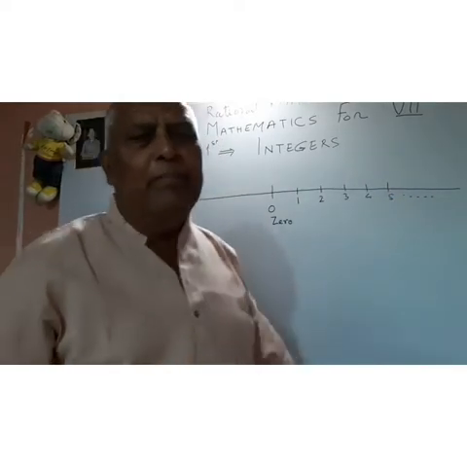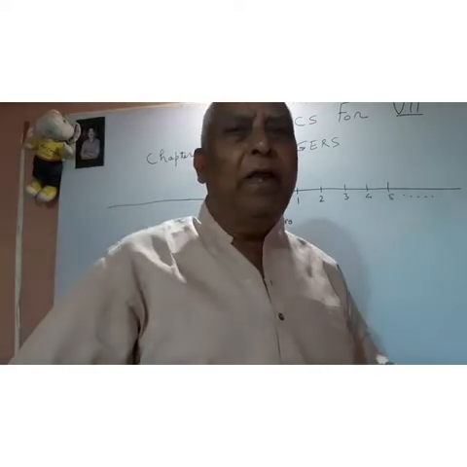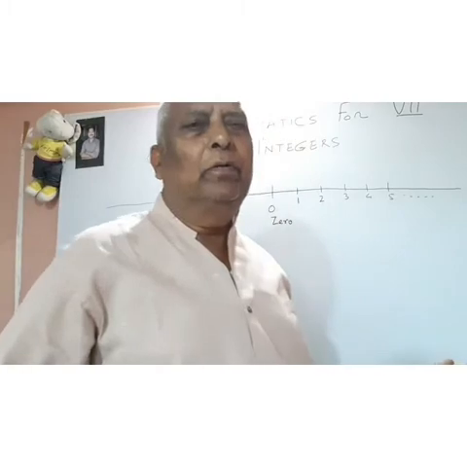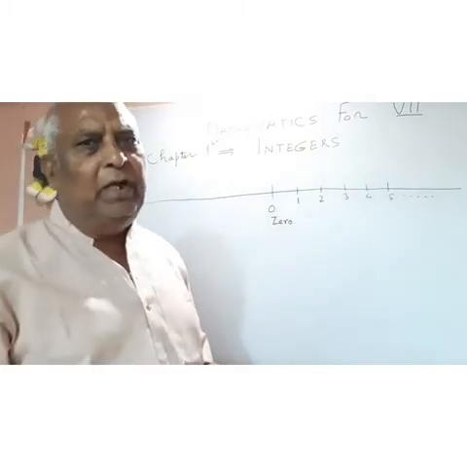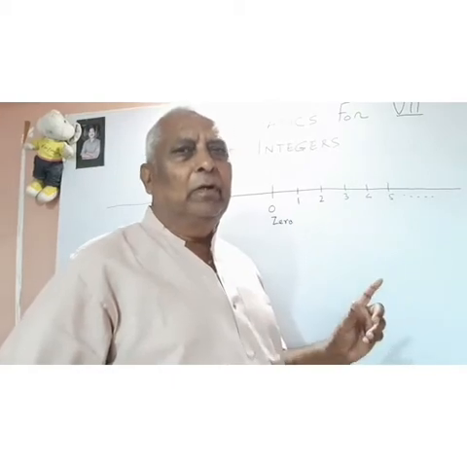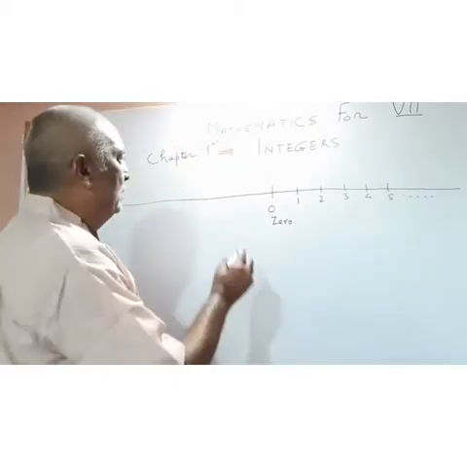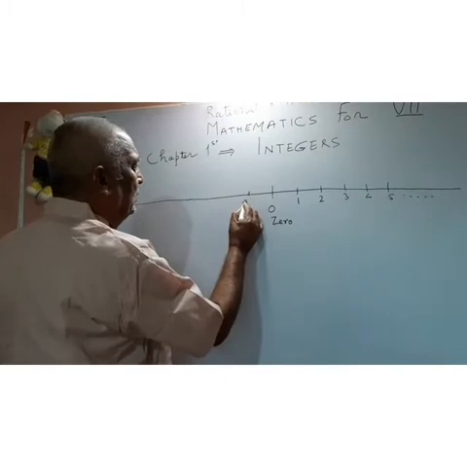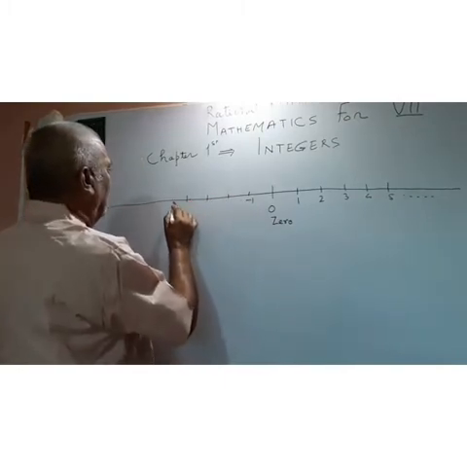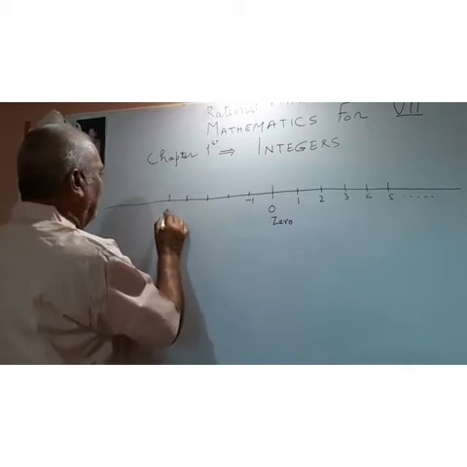In the same way, there are negative numbers left to 0, and they also situate at the same distances from 0 onwards. That is -1, -2, -3, -4, -5, and so on.